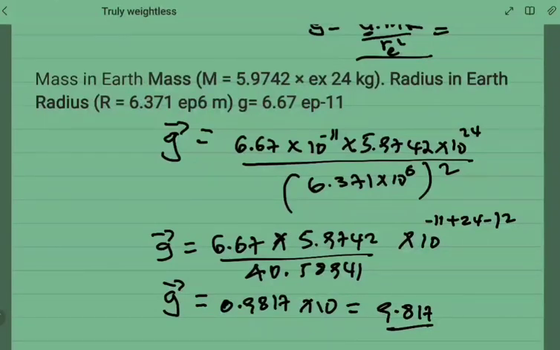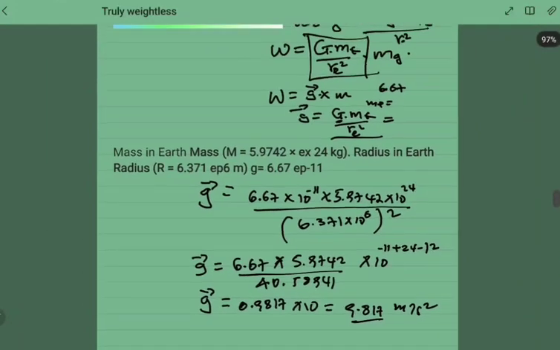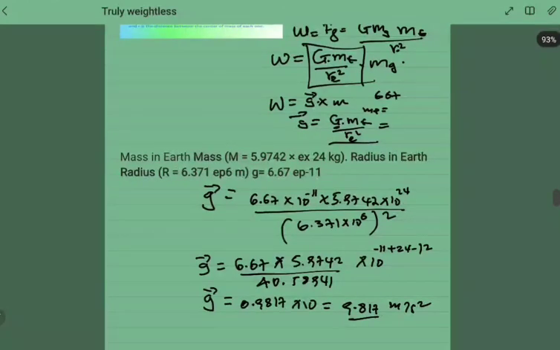That gives you 0.9817 times 10, which is 9.81 meters per second squared. So this g, the gravitational constant G times the mass of the earth divided by the radius of the earth squared, is equal to 9.8.